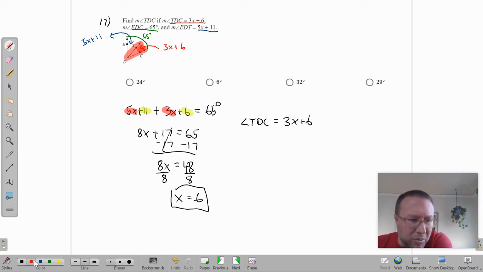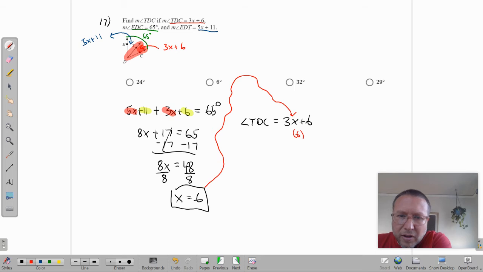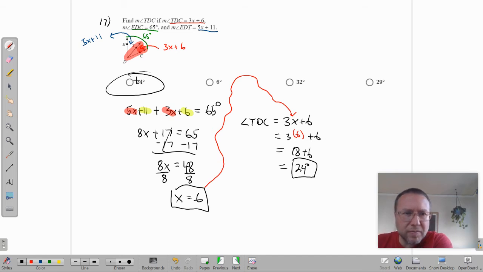Here's the fun part. You get to pick up a number, drop it off, and then we use parentheses to do our substitution. So 18 plus 6, 24 degrees. There it is.